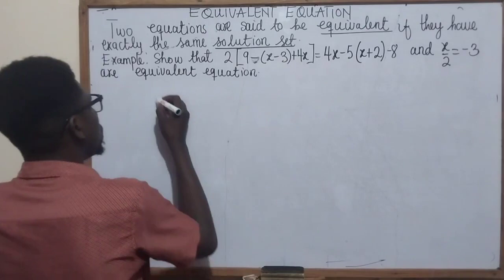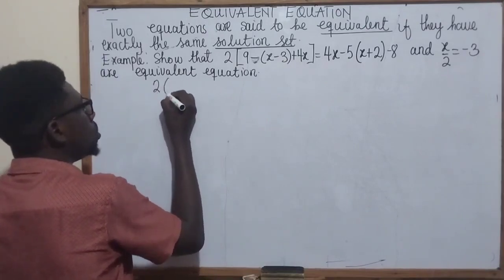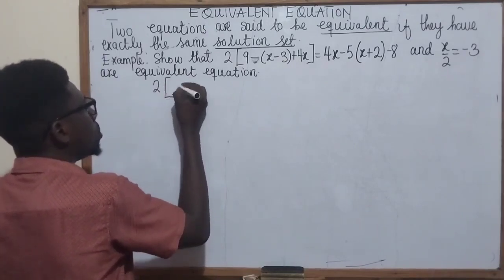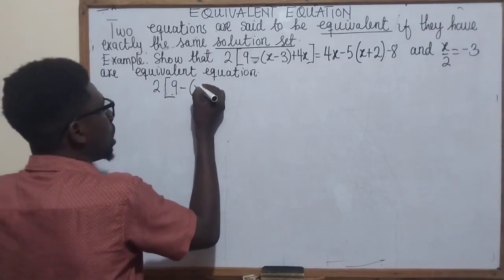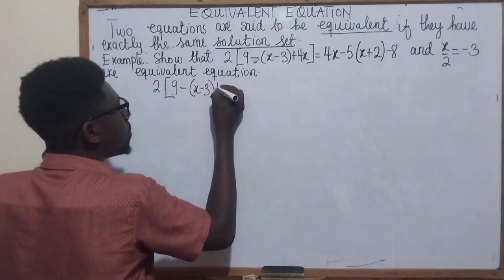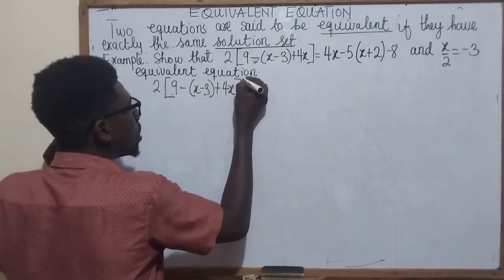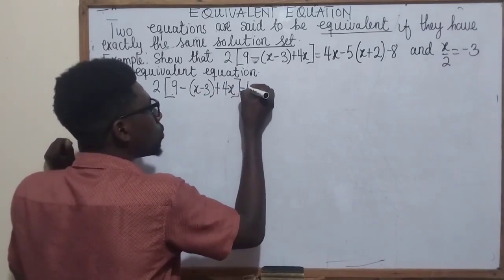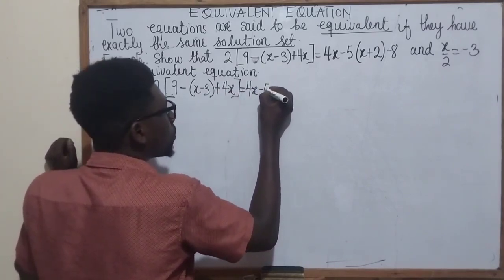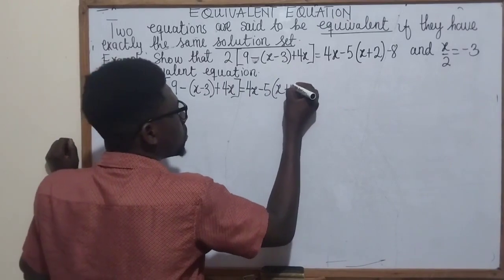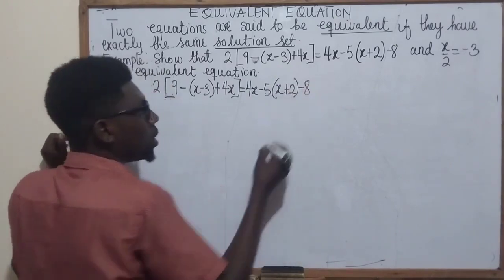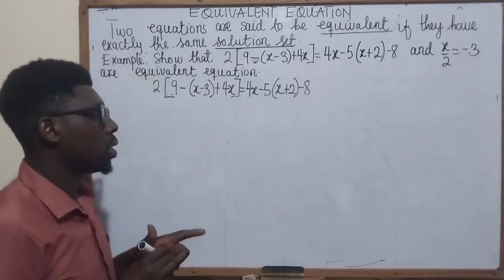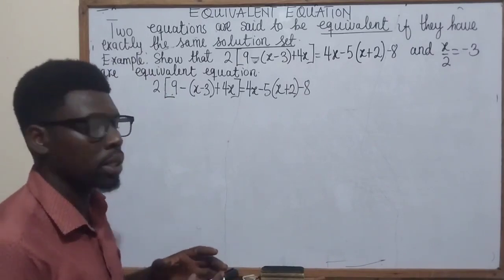So let's take the first equation, which is 2 times the bracket 9 minus x minus 3 plus 4x, equal to 4x minus 5 in brackets, minus 8. So this is what I have. So we remove the parentheses.